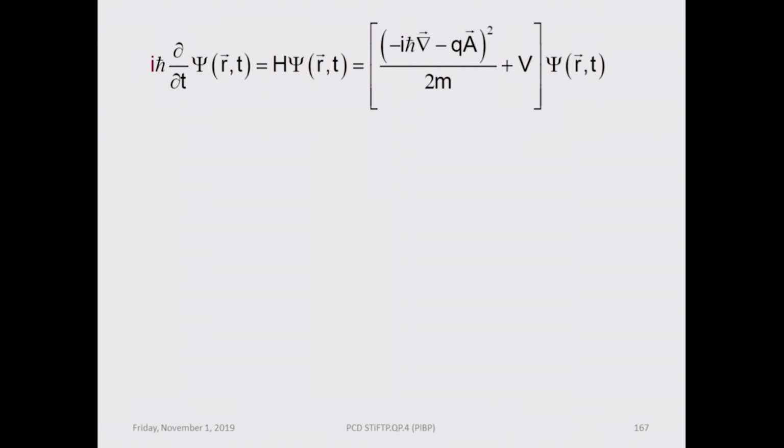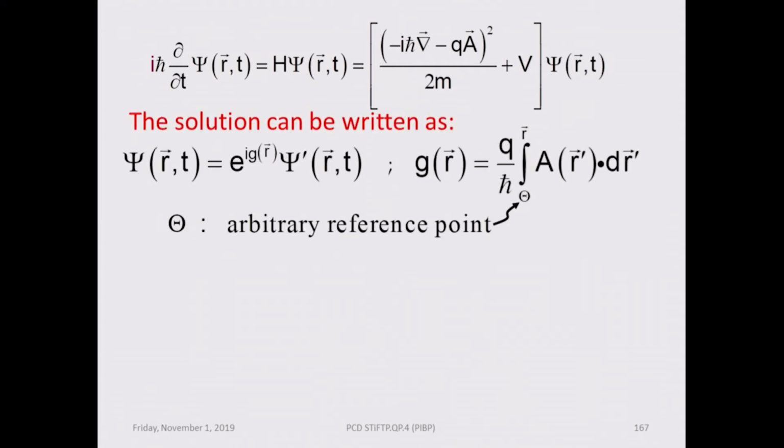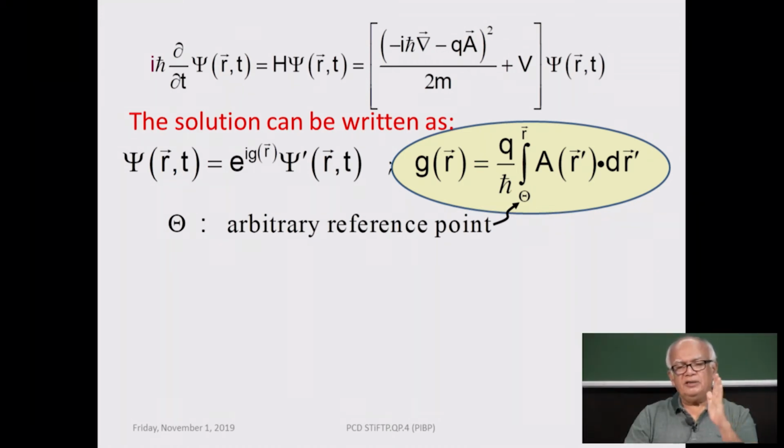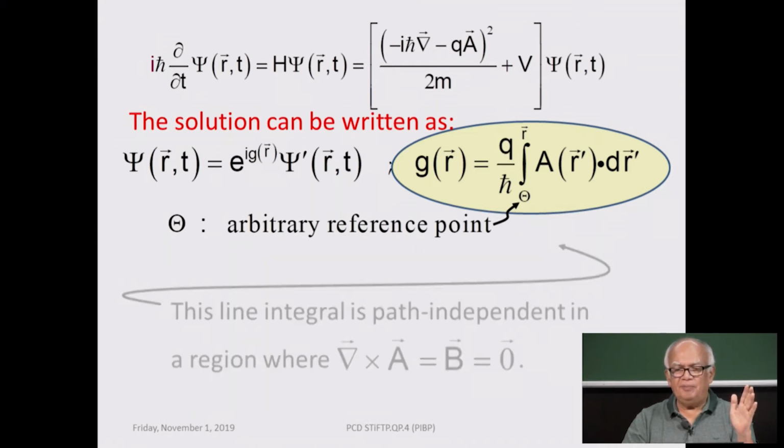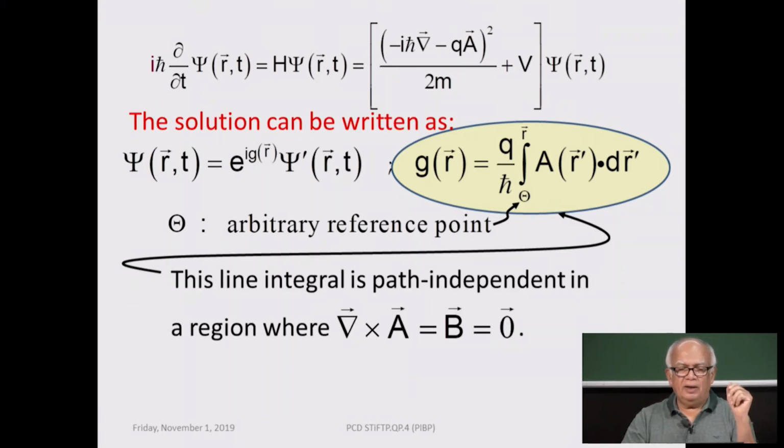So, this is the Schrodinger equation that we have, and we have learnt already that you can write this as the integral A dot dr. I think I should have had a vector sign on top of A, which I missed out. Okay. So, A is the vector potential here. Okay.